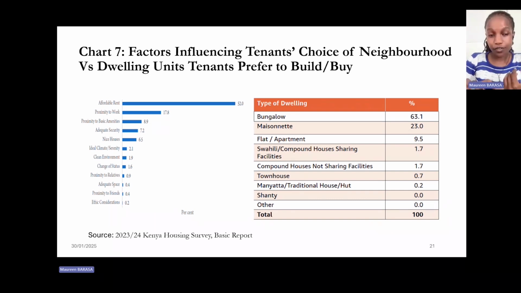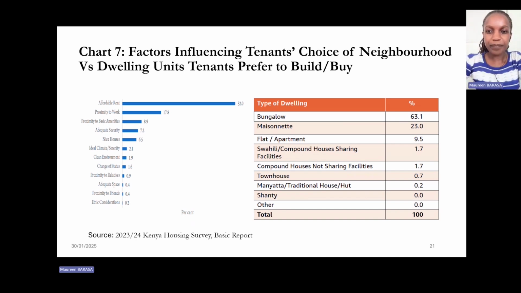Tenants prefer choice of neighborhood first through affordable rent, and also proximity to work and proximity to basic amenities. So that's the larger share, and this just shows the income aspect and also the employment. So people factor in affordability, that's the income, and yeah, the employment based, the proximity to work.